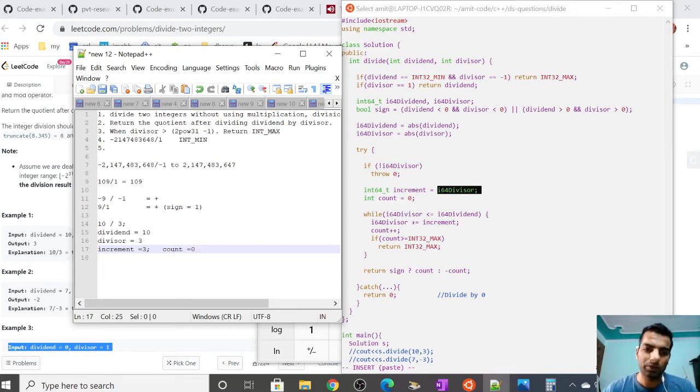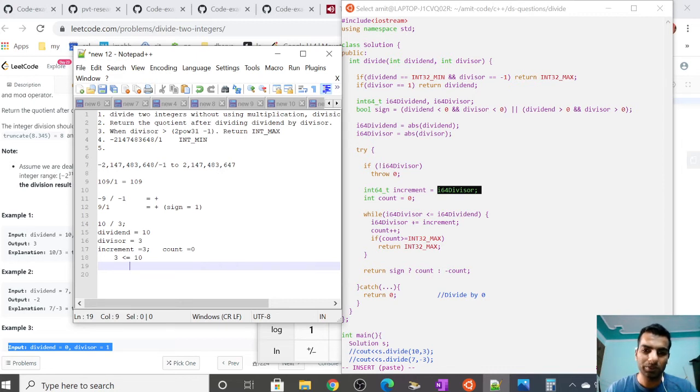Now I'm sitting in a while loop, until the divisor is smaller than or equal to the dividend. So until 3 is smaller than or equal to 10, I have to just sit in the while loop. Then I'm using the increment to calculate.